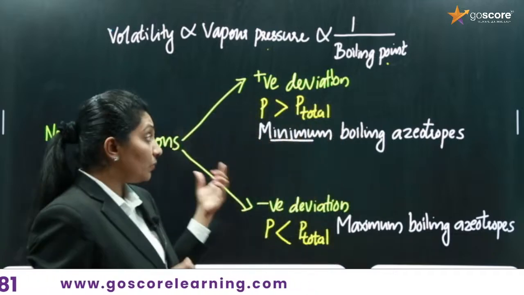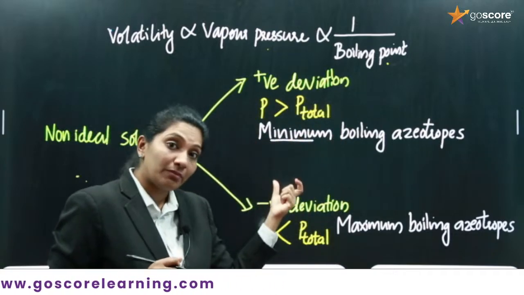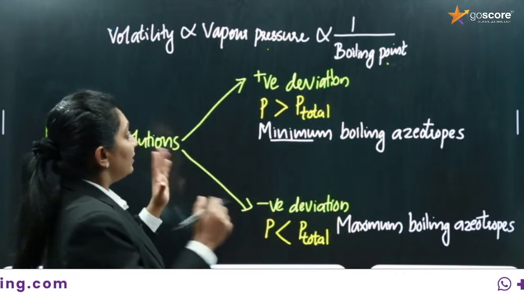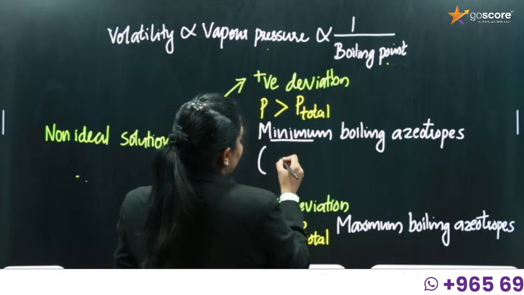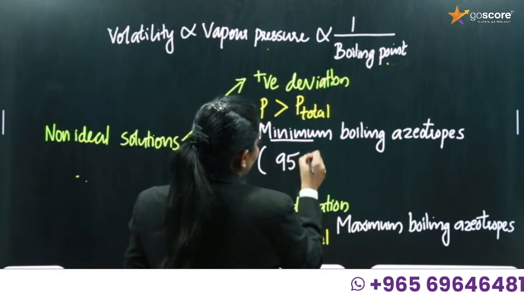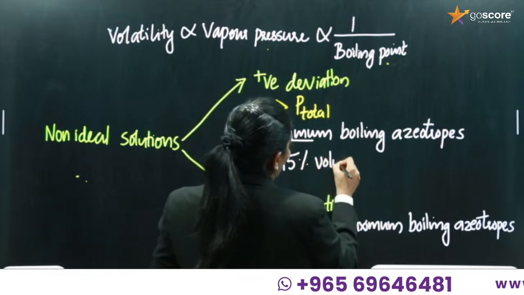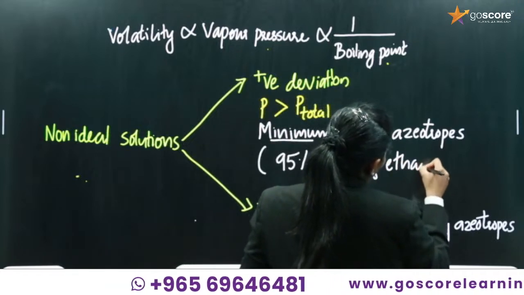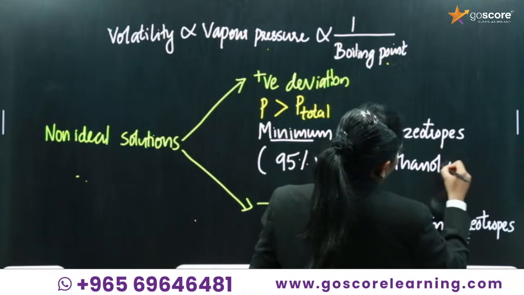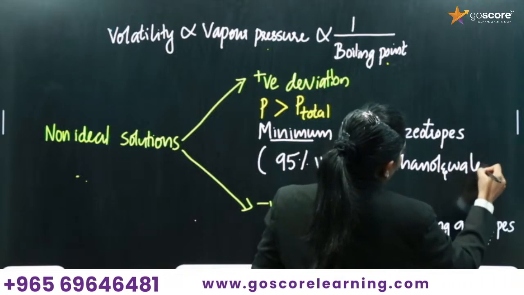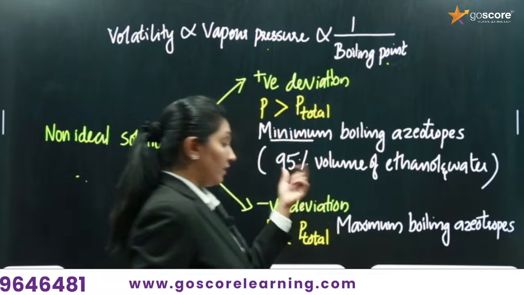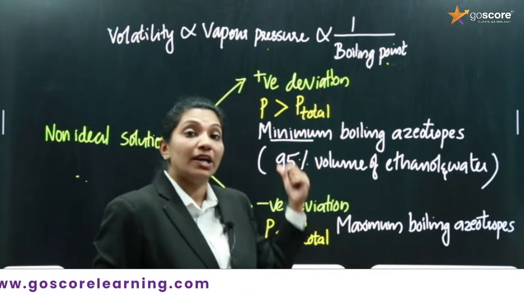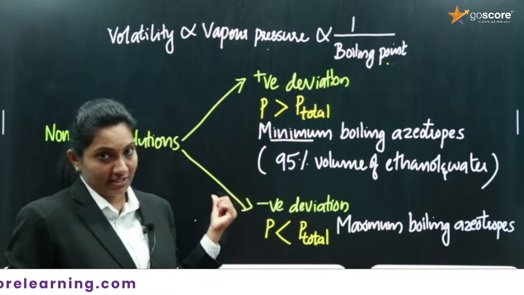So, you should know the examples for minimum boiling azeotrope and maximum boiling azeotrope. The minimum boiling azeotrope example is a 95% by volume solution of ethanol and water mixture. So, ethanol and water mixture, 95% by volume solution, is an example for minimum boiling azeotropes.